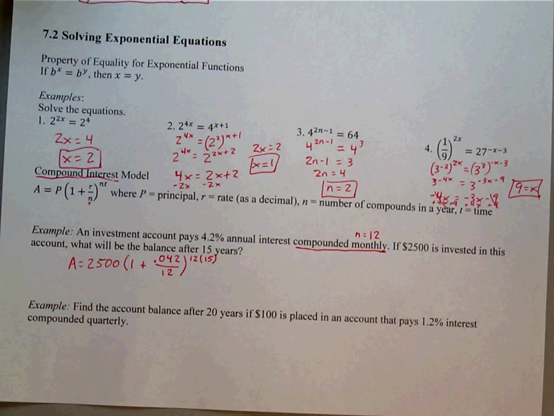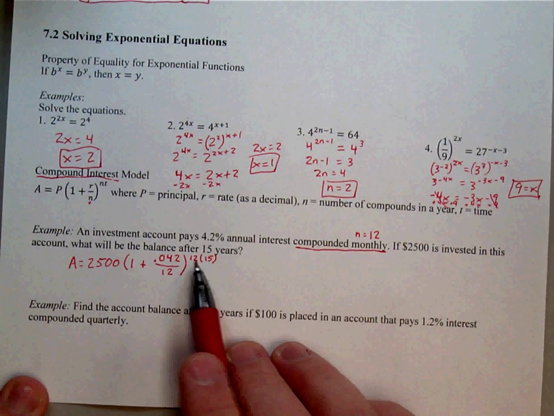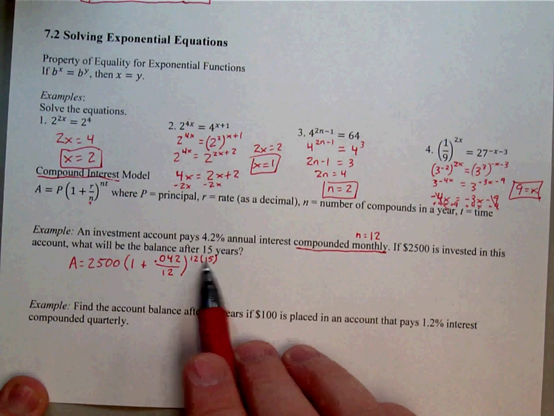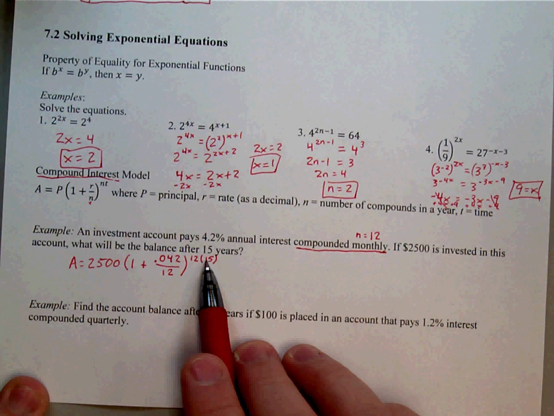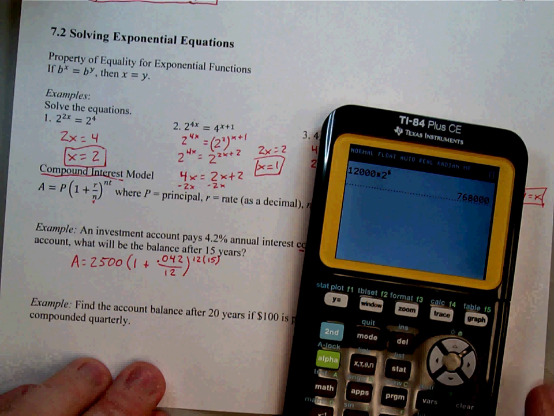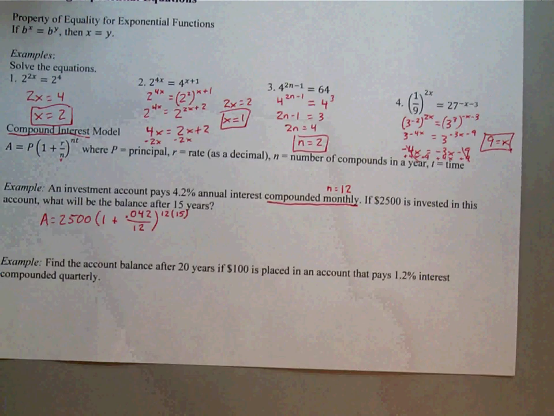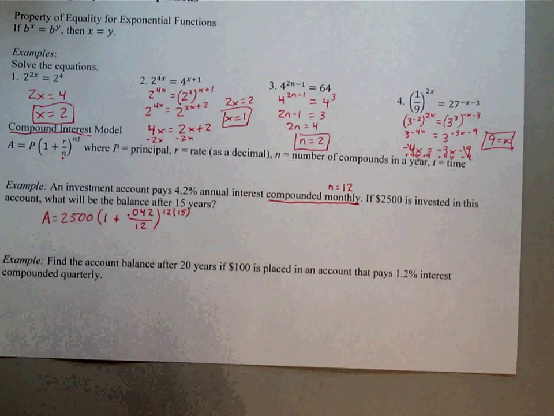Be careful in calculators, depending on what calculator you use. You probably either need to multiply 12 times 15 ahead of time so you know what the exponent is, or put parentheses around it. I'm going to use a scientific calculator instead of the graphing calculator.